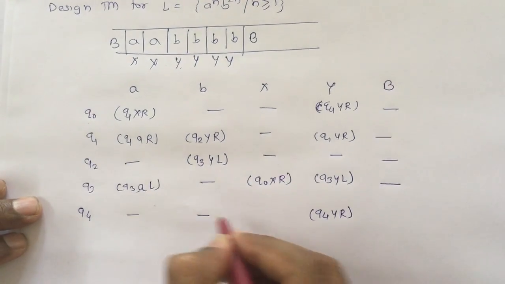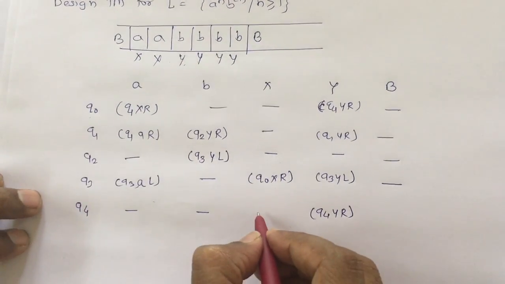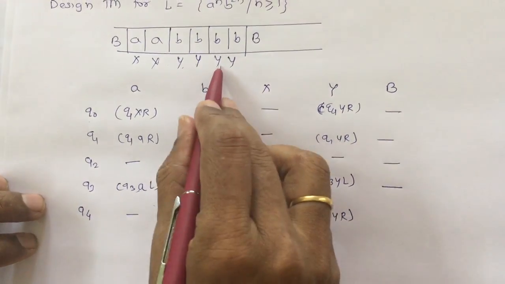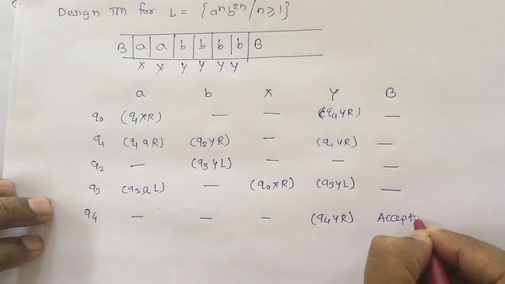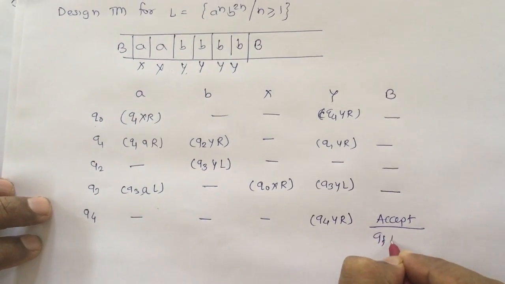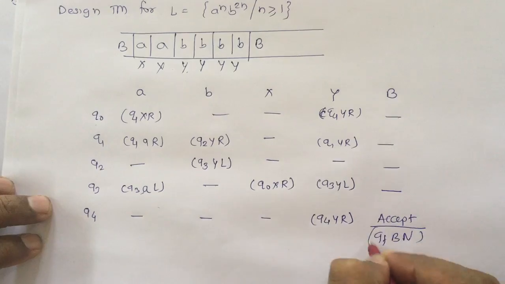While skipping all, we reach the last blank, so either you write accept or you write QF, blank, N.